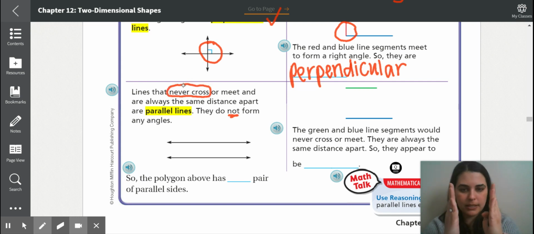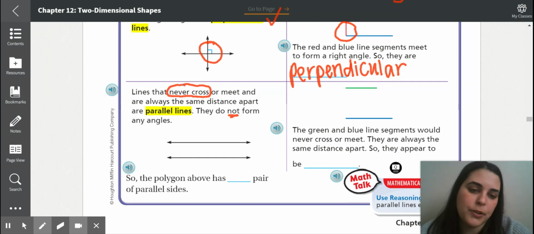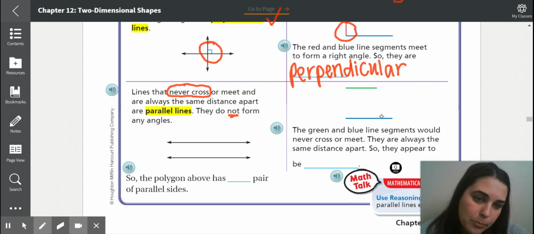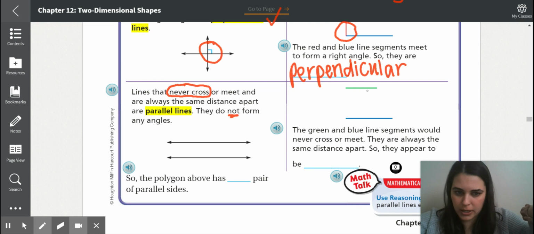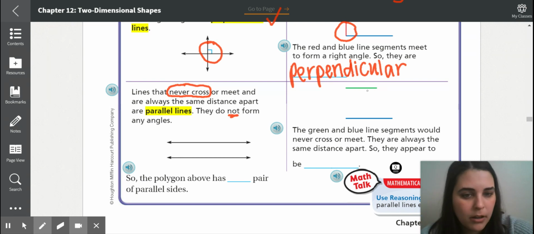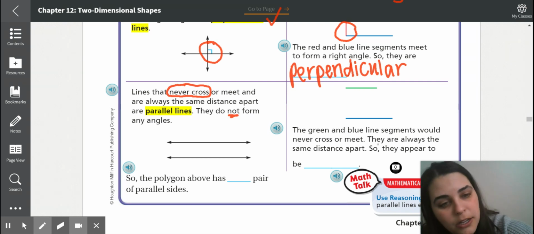They always stay in this kind of straight line. If we're looking over here, we have the green line and the blue line. If we had those lines going on forever in each direction, they would never cross. So the green and blue line segments would never cross or meet. They are always the same distance apart, so they are parallel.